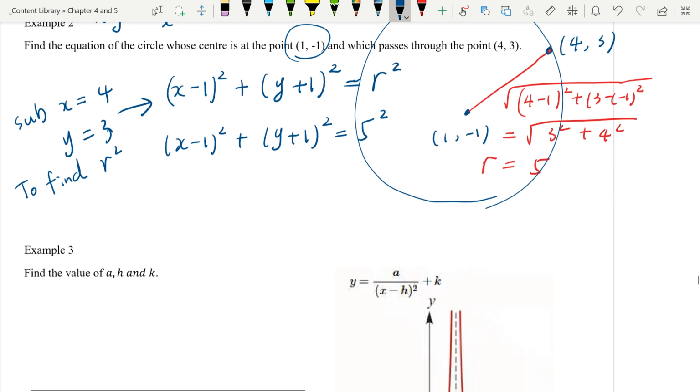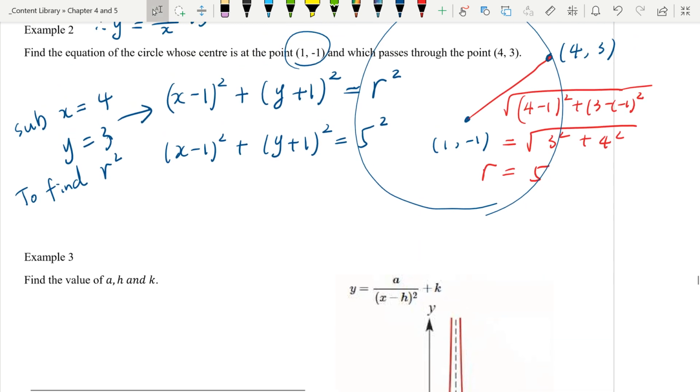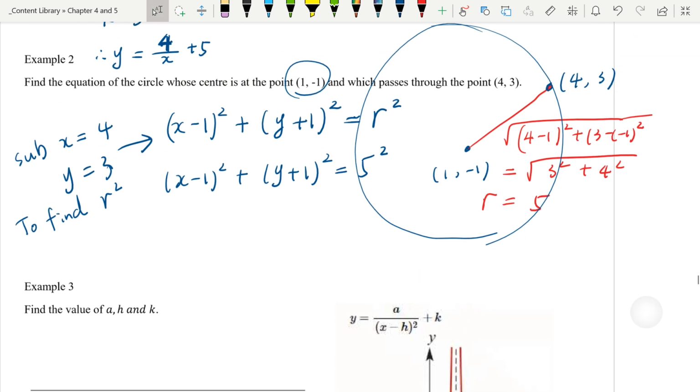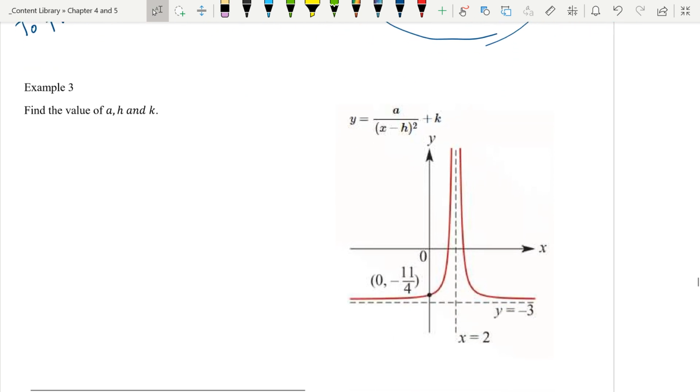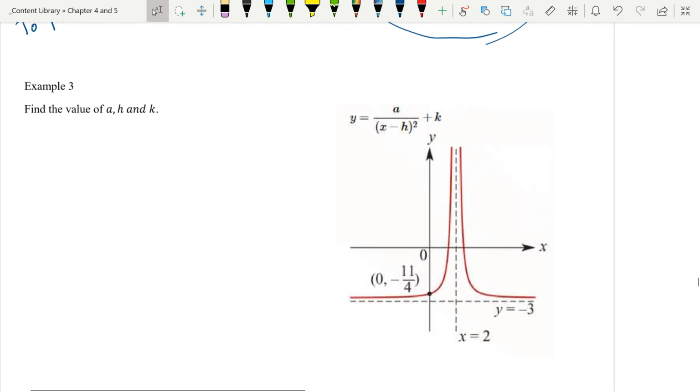Okay. Last one, look at the graph. What's the name of this graph? Truncus. Okay, so what must h be and what must k be?